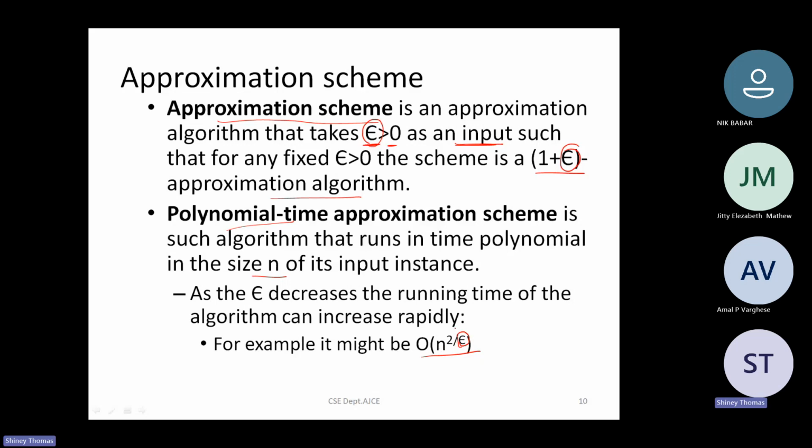The cost increases, because you're dividing by a smaller value, so the result is higher. Wherever you have 2 by epsilon, when epsilon decreases, the running time will increase. When epsilon increases, the cost will decrease. If you have an algorithm like this, you call it a polynomial time approximation scheme.